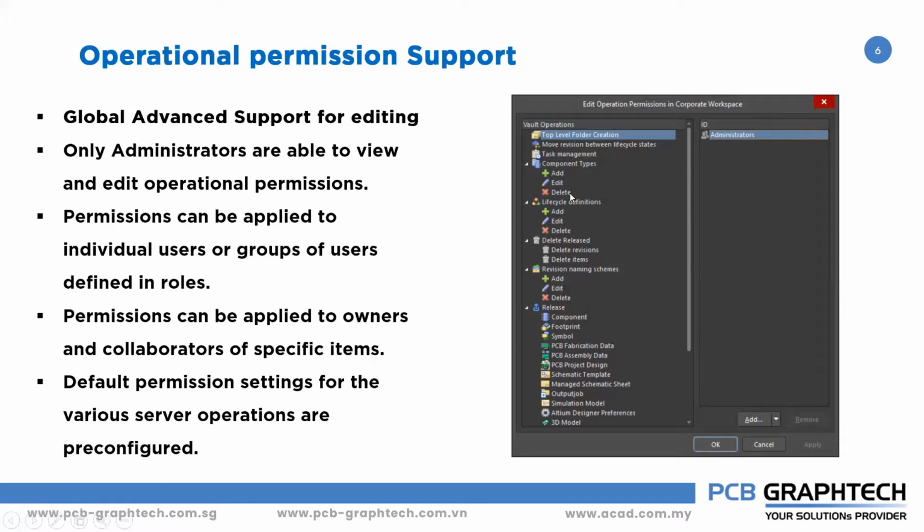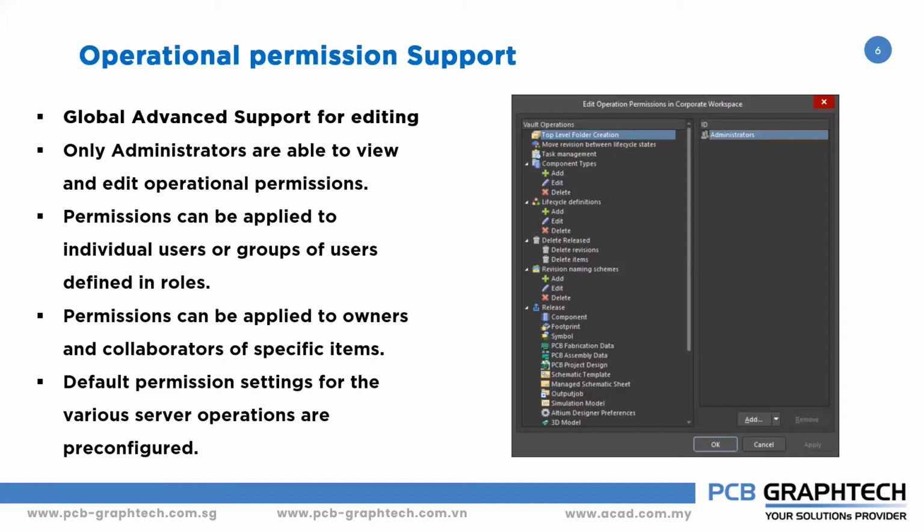Okay, it's not only for the component type, there are also lifecycle definitions, add or edit lifecycle definitions, and you can see there is a release component. So for this release component or footprint or symbol, all the rights can again be given to a particular user, particular owner, or particular collaborator. If you take collaborator, it means all the members of that organization can edit or make changes.